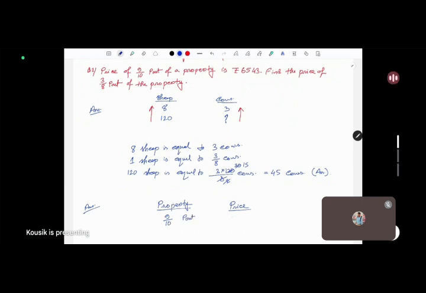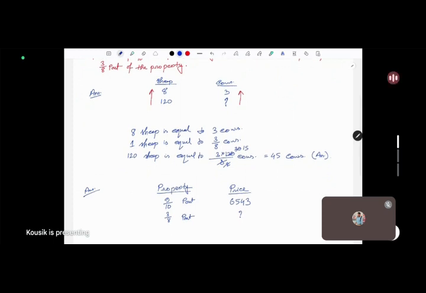Price of this is 6543. Now part of 3/8 is how many? Similarly, these two are in direct relation. That means if property is increased, price also increases. So in case of one, in step of one, you should divide, and the next step you should multiply it. So find it.